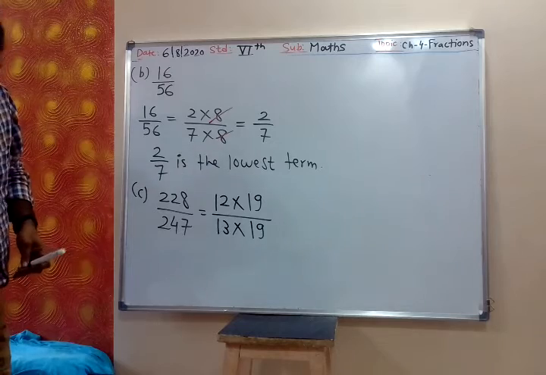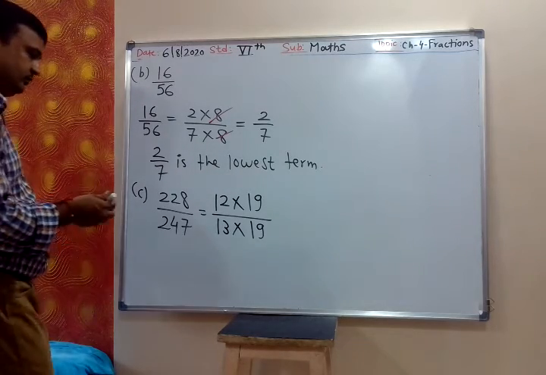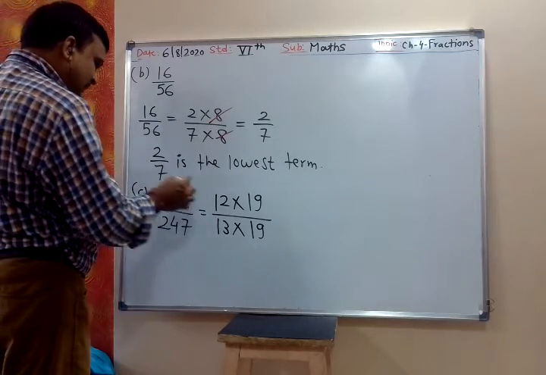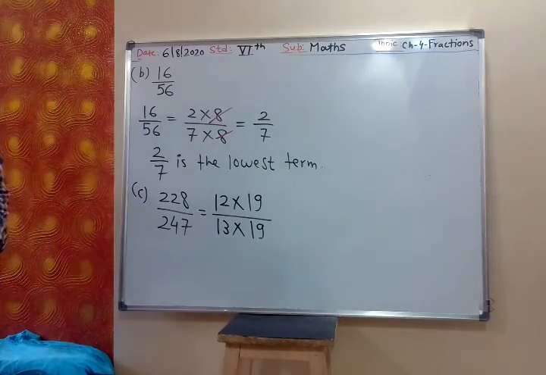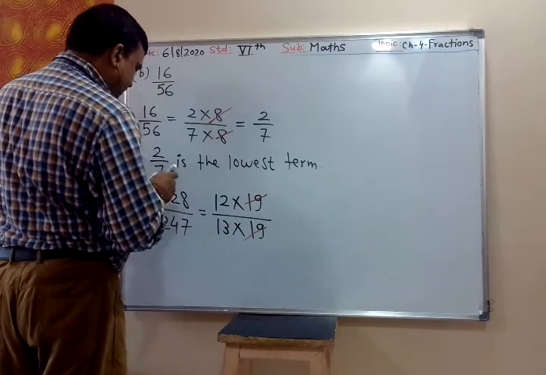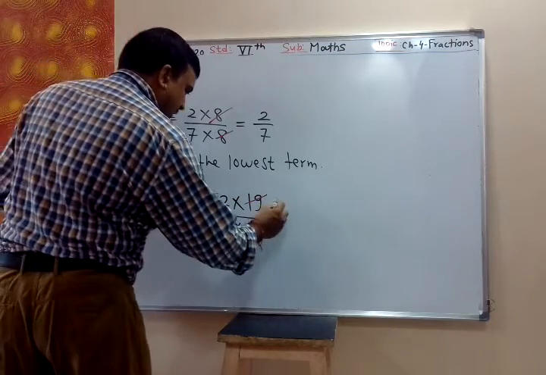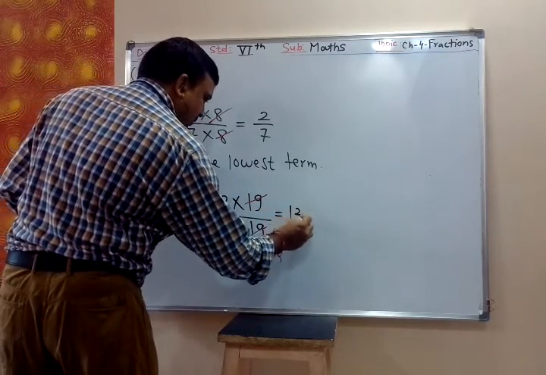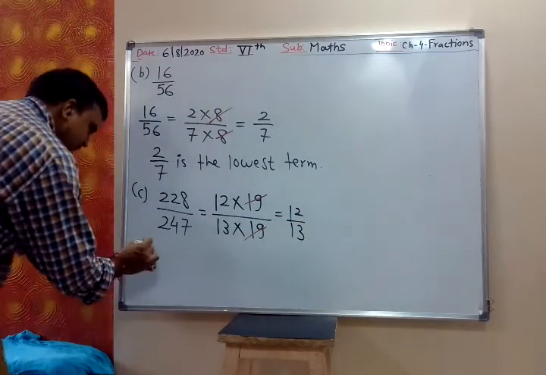Yes, so 19 will cut. So 12 upon 13, 19 gets cancelled. So this is 12 upon 13. So 12 upon 13 is the lowest term.